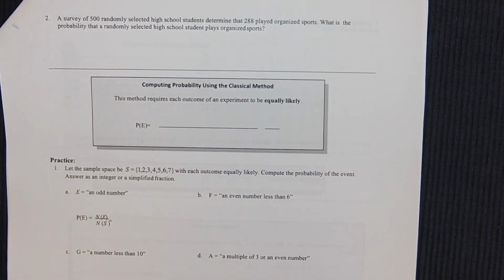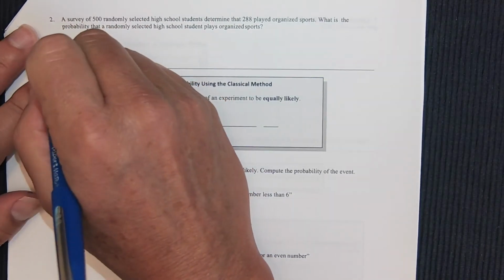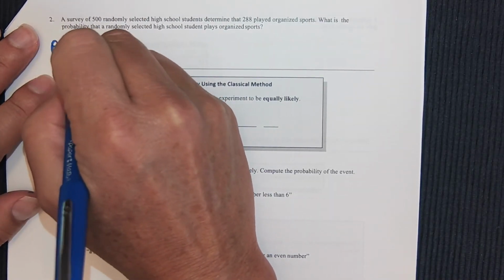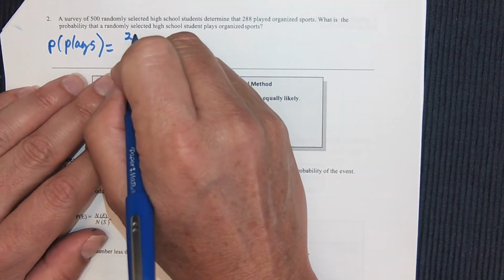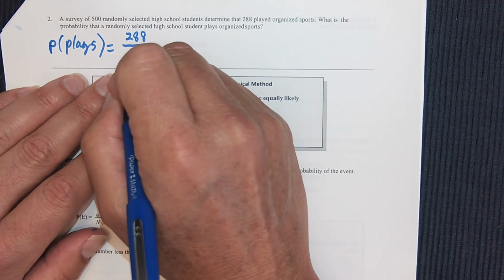All right, next up. A survey of 500 randomly selected high school students determined that 288 played organized sports. What is the probability that a randomly selected high school student plays organized sports? So, probability that they play sports, it's going to be 288 out of 500.